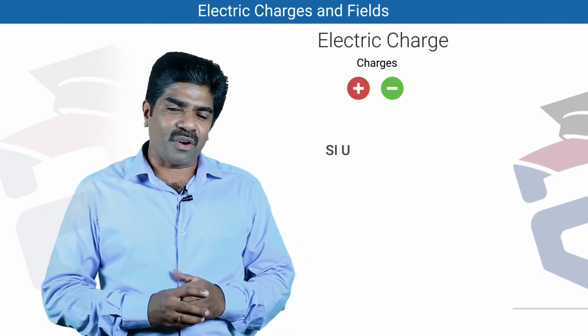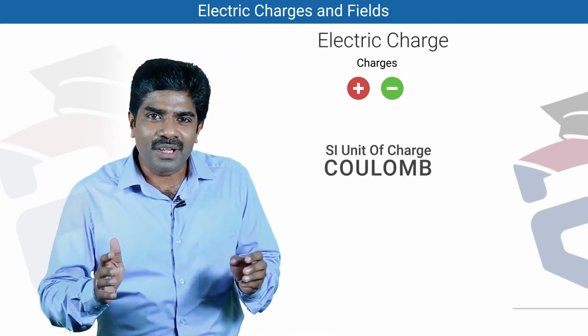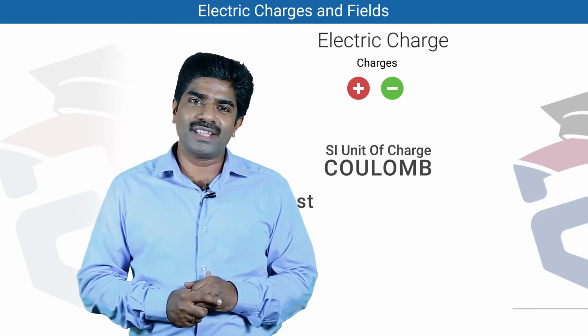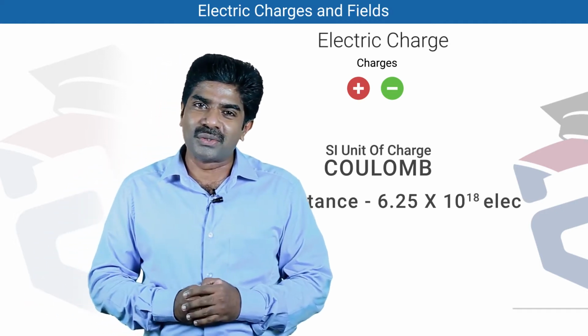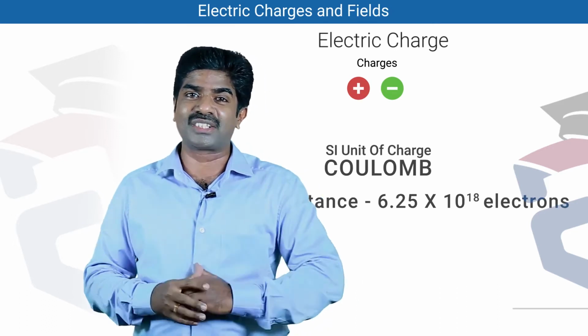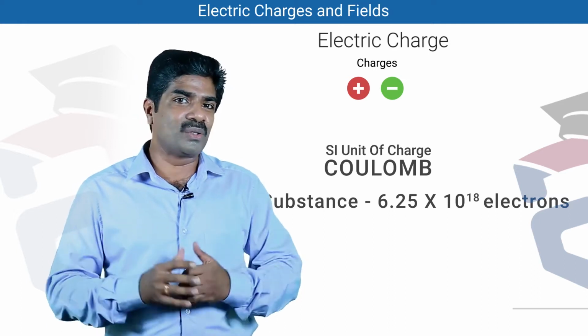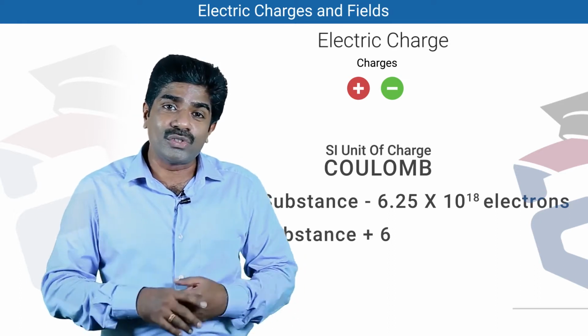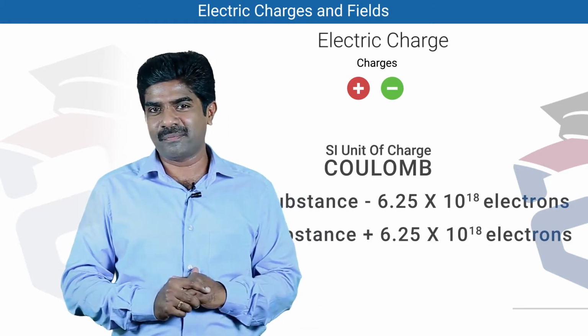The SI unit of charge is coulomb. In order to have plus 1 coulomb of charge, we have to remove 6.25 into 10 raised to 18 electrons from the substance. Or to have negative 1 coulomb, we have to add 6.25 into 10 raised to 18 electrons.